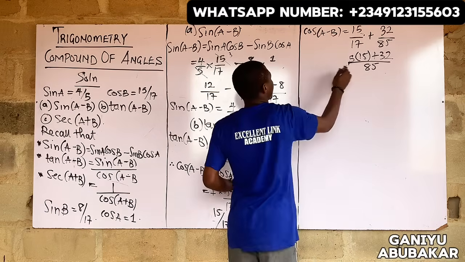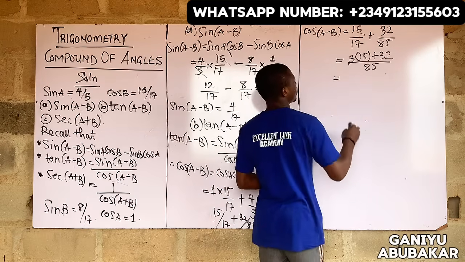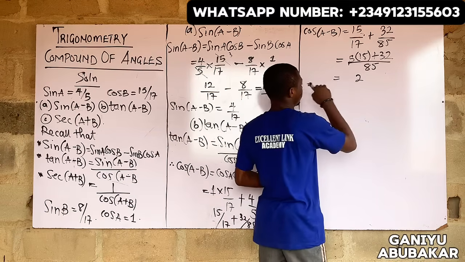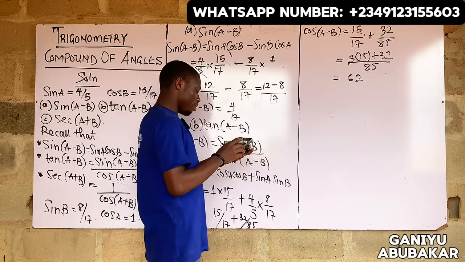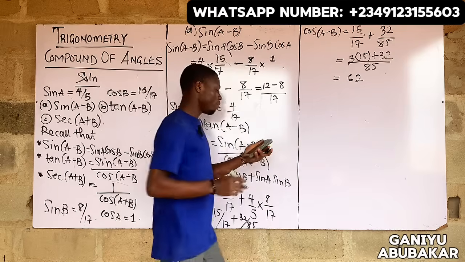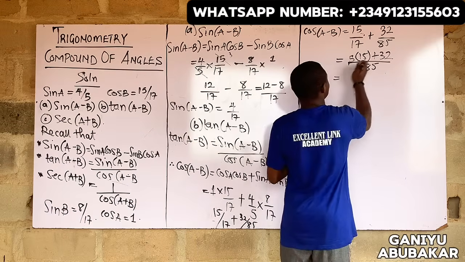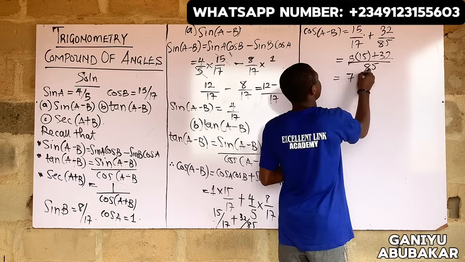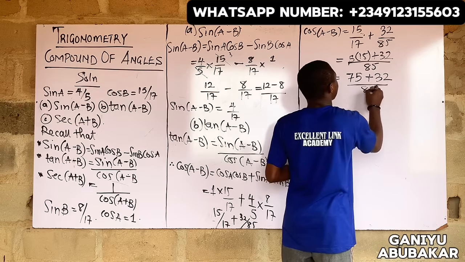So 5 times 15 is 75. 75 plus 32 over 85.